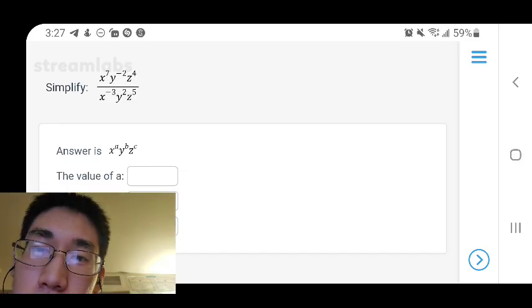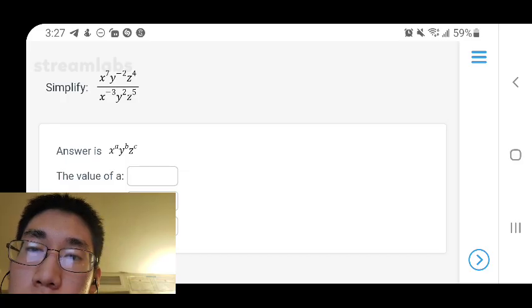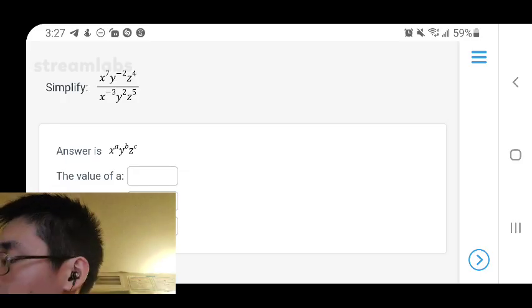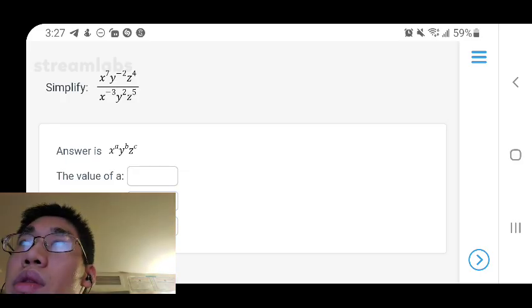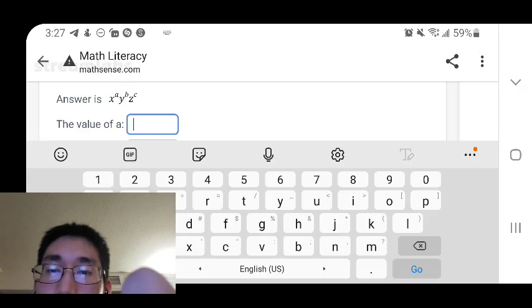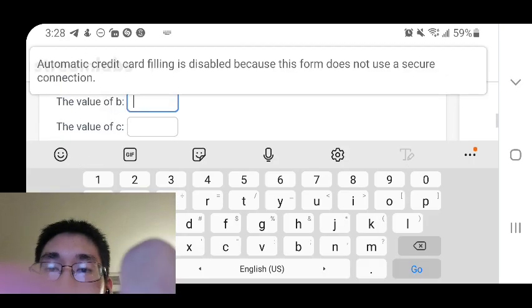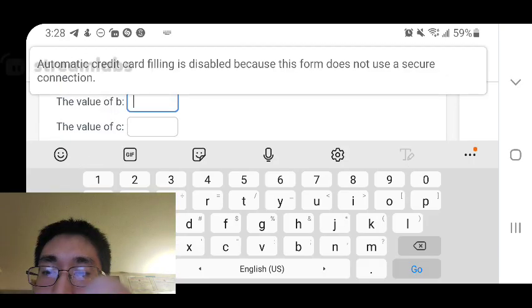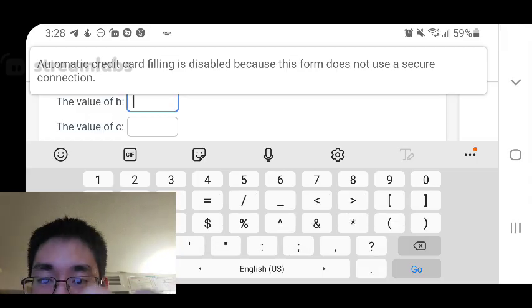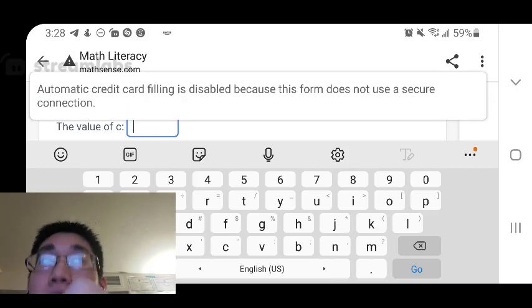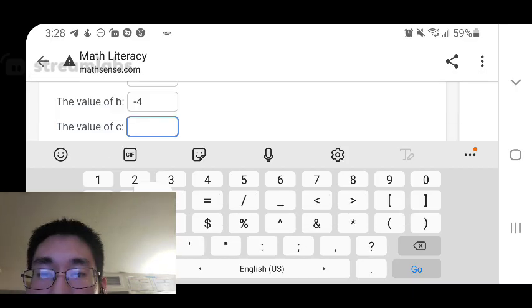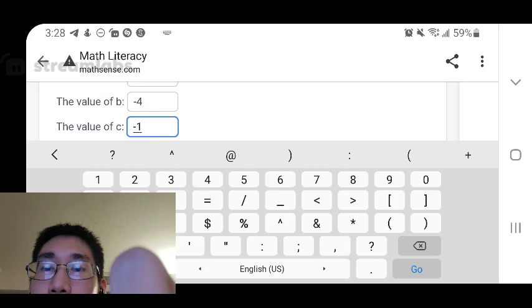What am I looking at? 10. Negative 4. Negative 1.